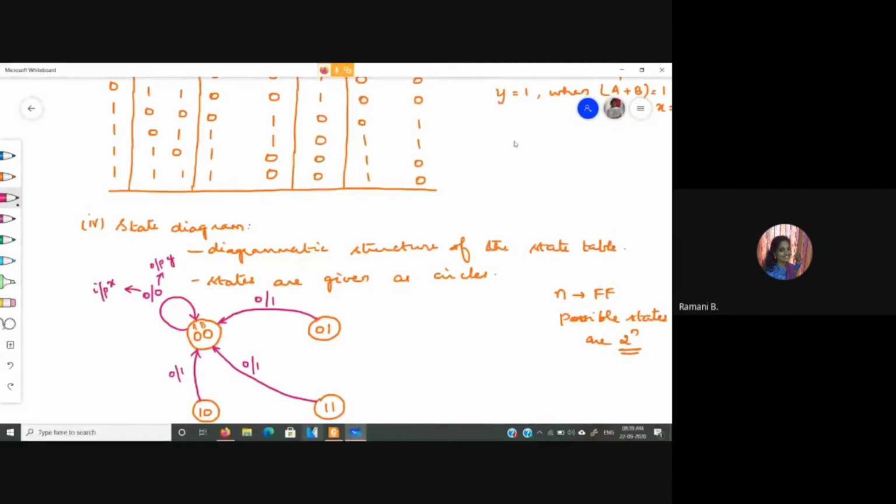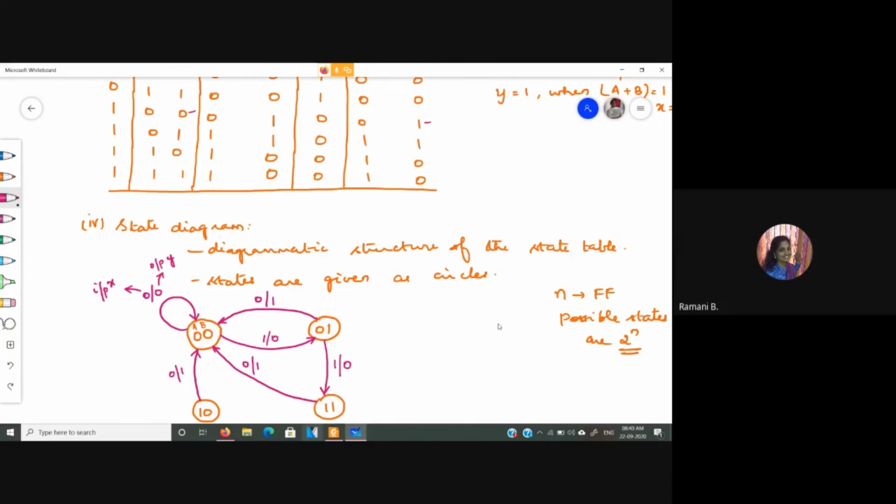Then for input 1, for the present state 0 0, the next state is 0 1. So we are going from 0 0 to 0 1, for input 1 and the output is 0 in that case. Then for 0 1, for input 1, the next state is 1 1. Next for input 1, present state 1 0 means next state is 1 0.